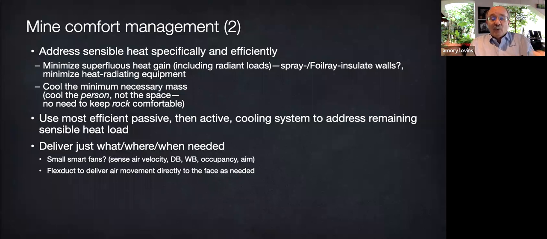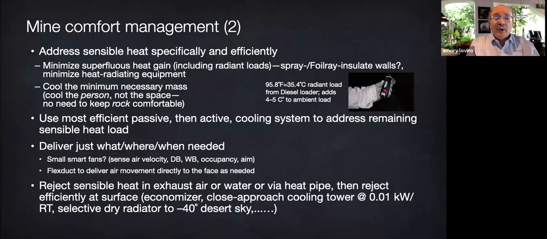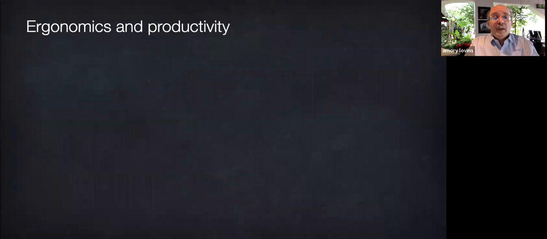So barely a hint of cool air ended up reaching the miners several kilometers away. So instead, we suggested moving unwanted heat up the small shaft in thin heat pipes, enormously more heat capacity than air, and then rejecting heat to very efficient cooling towers or passively radiating away to the minus 40-degree desert sky.